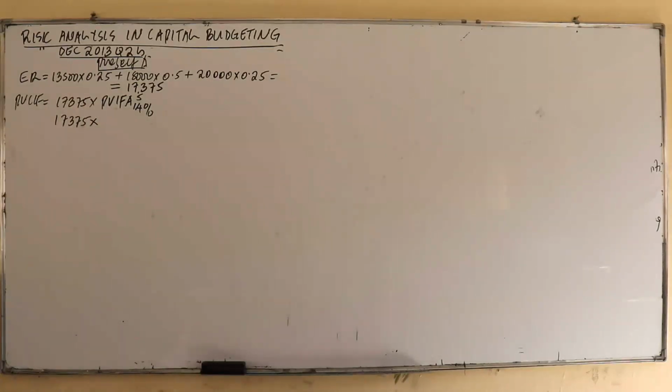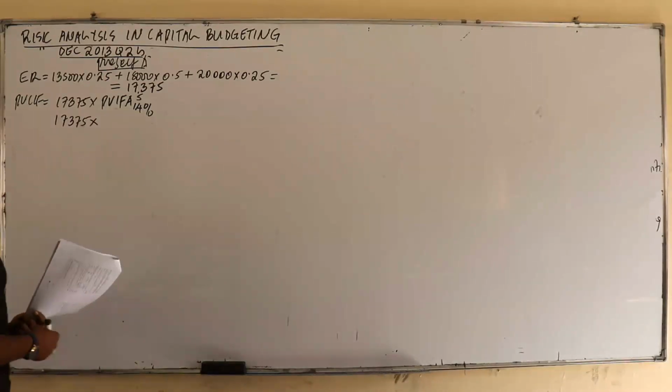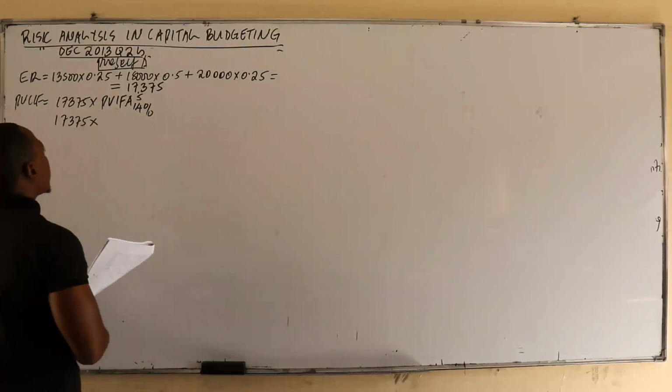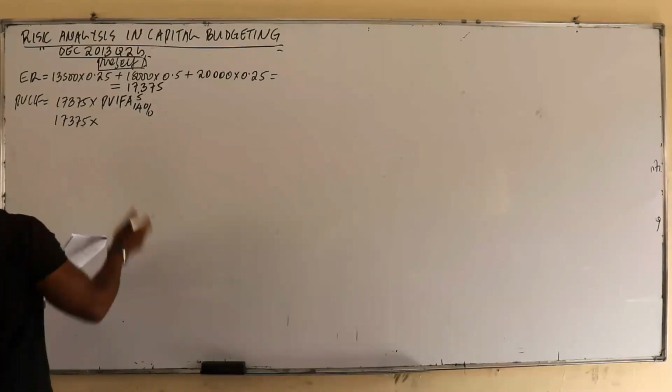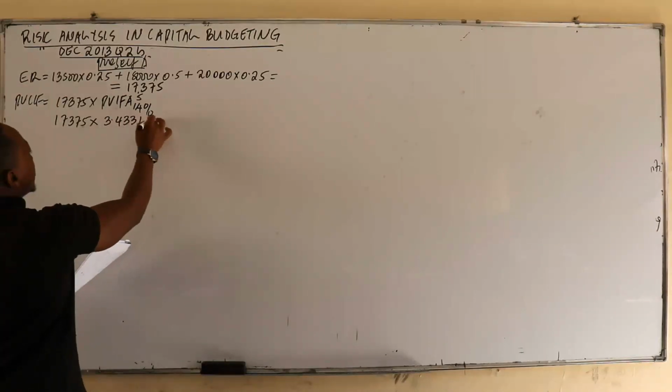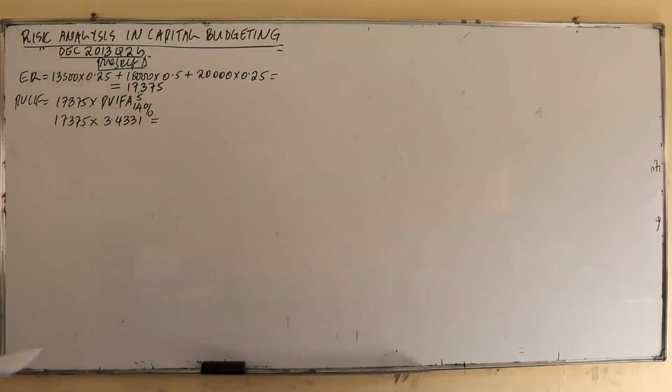Use the annuity table. 4.331. So now give me the present value of cash inflow.